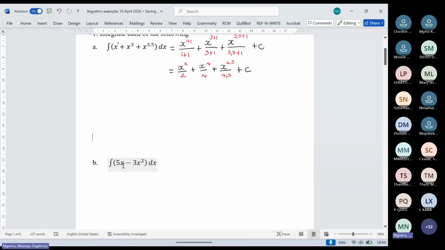We have the function 5x minus 3x squared. So we have to integrate. So this will be 5x to the power of 1 plus 1, which is 2. Remember, there's a 1 here.